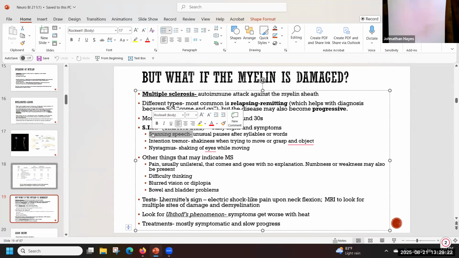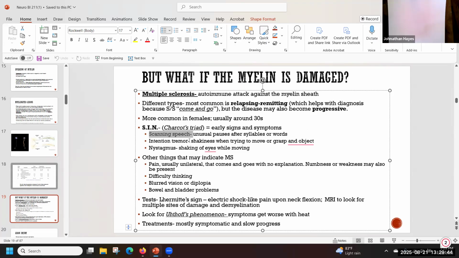So scanning speech, I think it's sometimes called staccato speech. Don't quote me on that one. You can look that one up on your own. They sometimes end up having these weird emphasis on different syllables that most of the time you wouldn't. So that's sometimes called scanning speech. Might appear like a drunken speech as well.